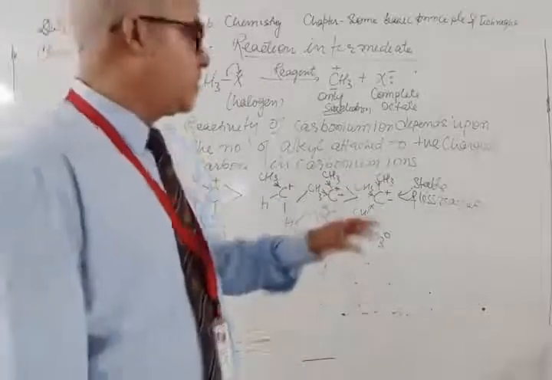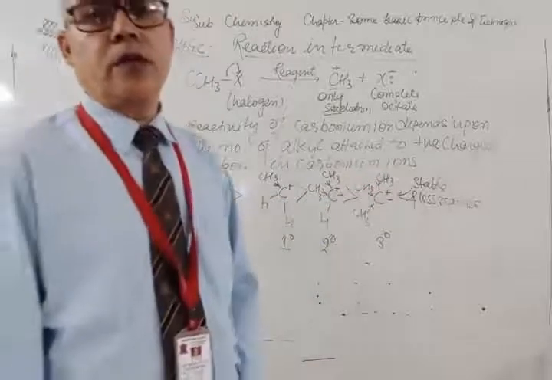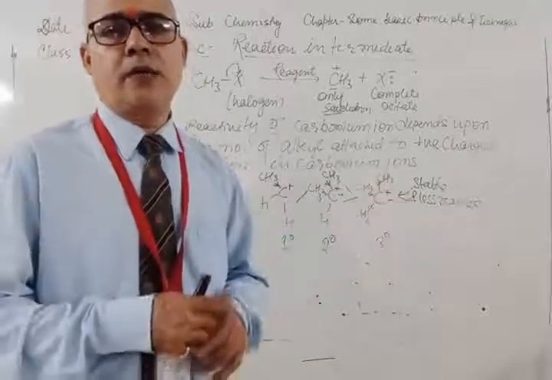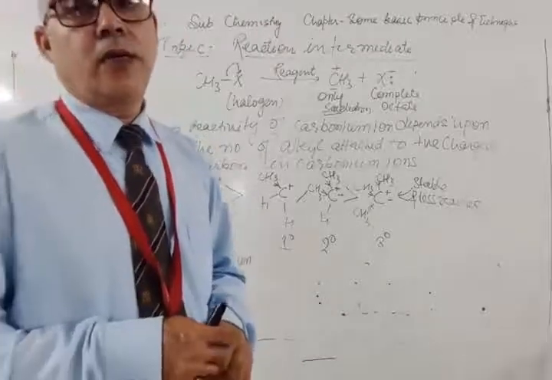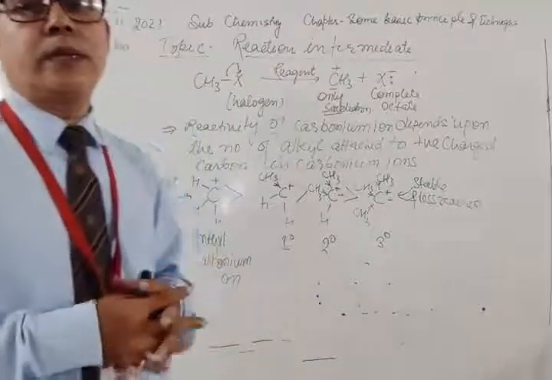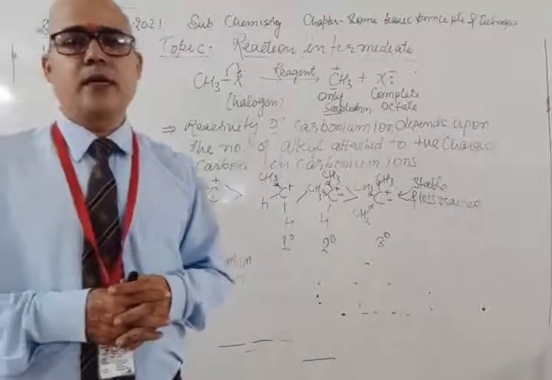The larger the number of alkyl groups, the more stable the compound will be, because a large number of hyperconjugation structures will be there.